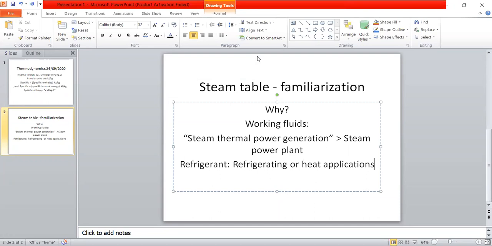In the same way, if you need to study compressors, let's say refrigerant compressors, this is a very good point I'm sharing with you. If you have no idea about the working fluid, do you think you can have a very complete knowledge about compressors? Not at all.